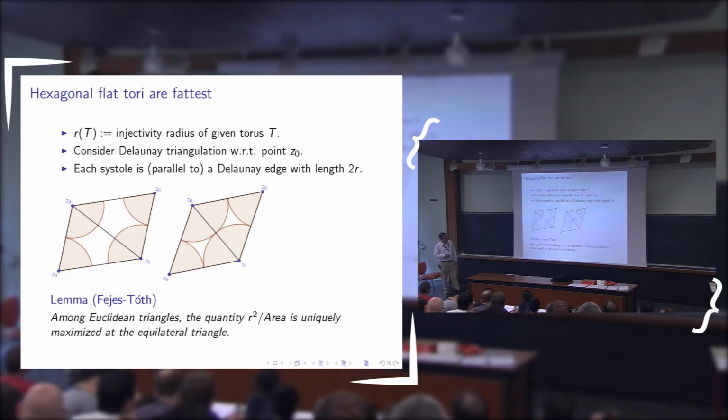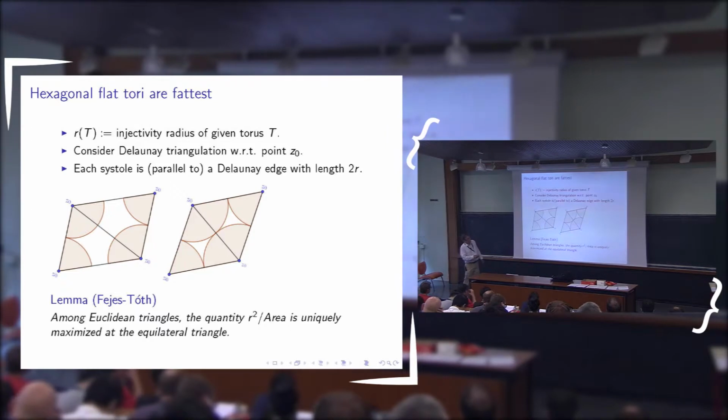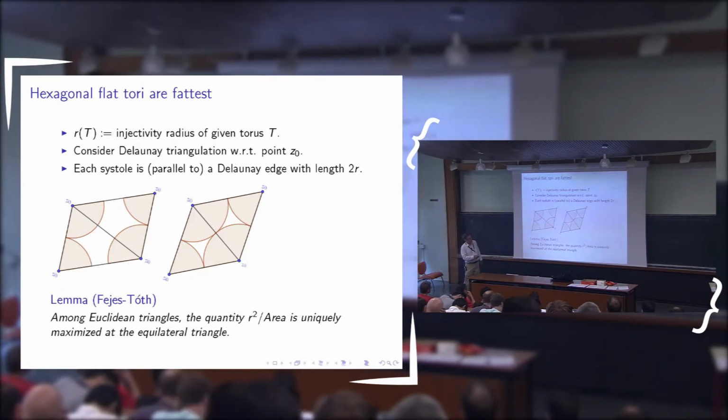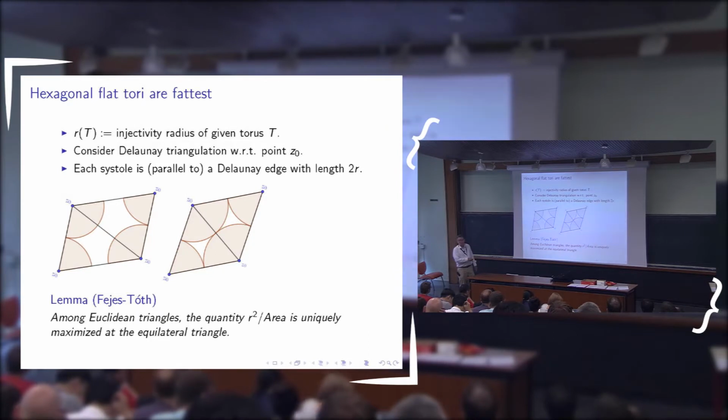So the radius squared is a measure of area. It's basically a measure of these 3 areas. And if I divide by the area of the entire triangle, that's maximized if and only if I have a configuration like this, where the ball kisses itself 3 times. So this is the best. And this is an equilateral triangle.